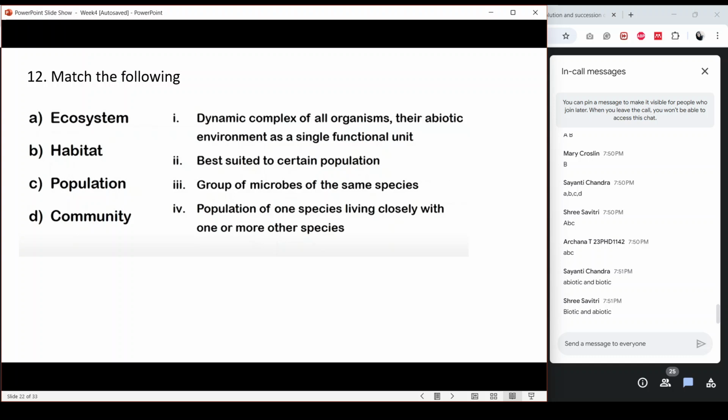So next is this question. Match the following. Give me the answer.